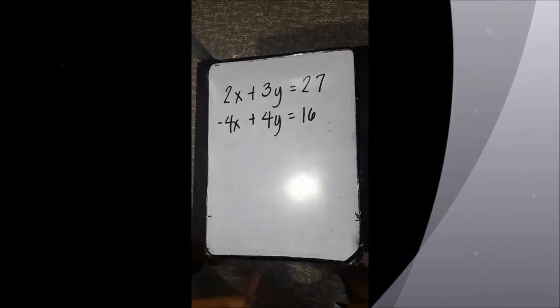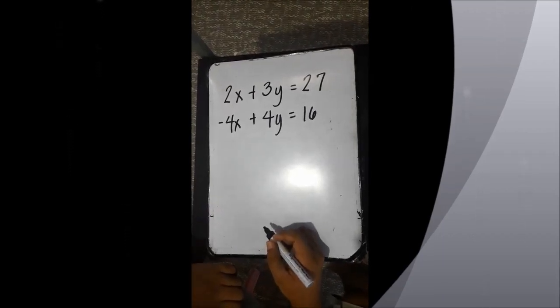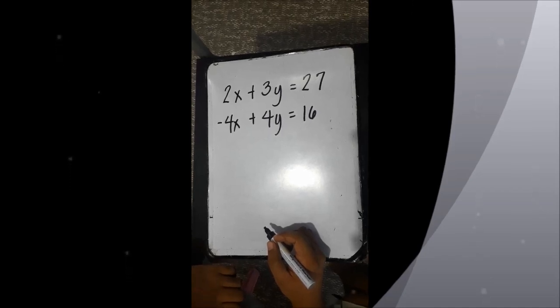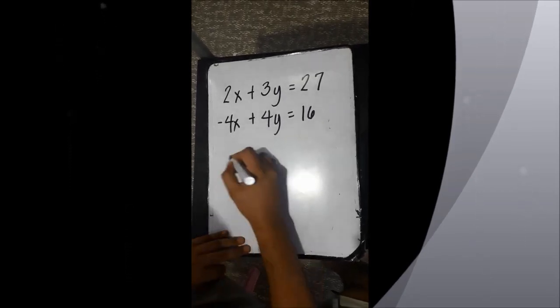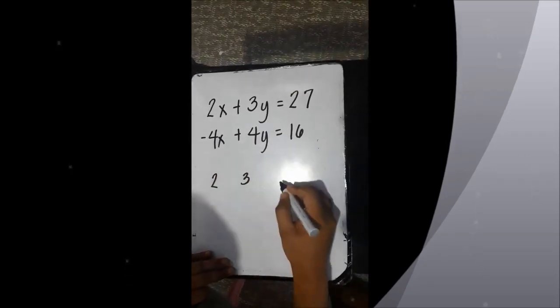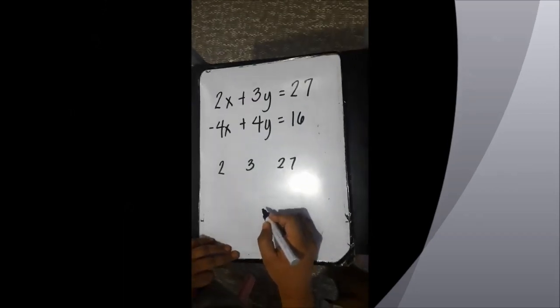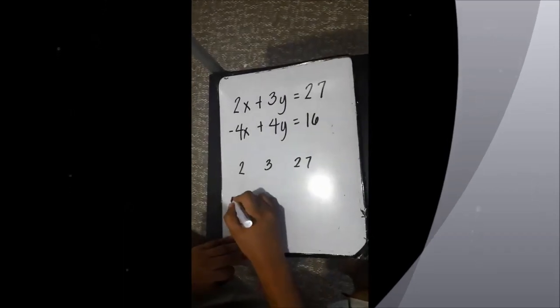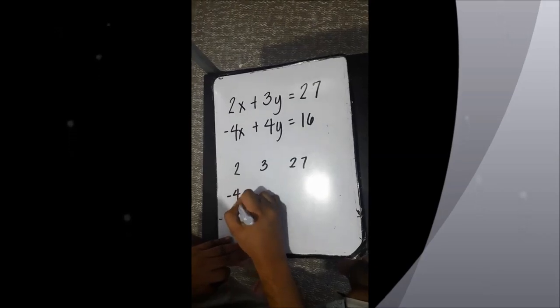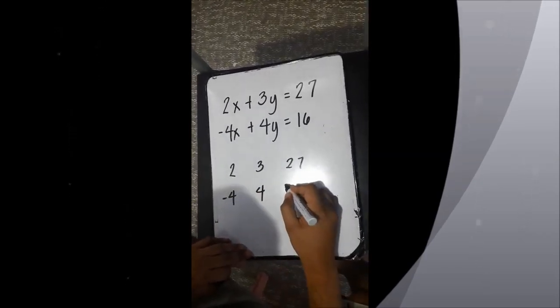Step 1 is to write down the coefficients of the variables as well as the constant. So here I'm going to write down 2, 3, and 27. And also for the second equation, I have here negative 4, positive 4, and 16.